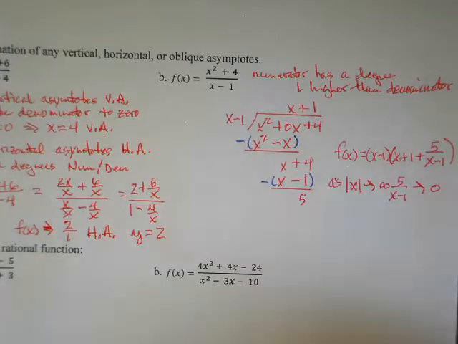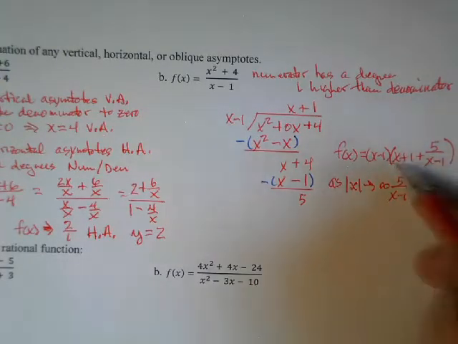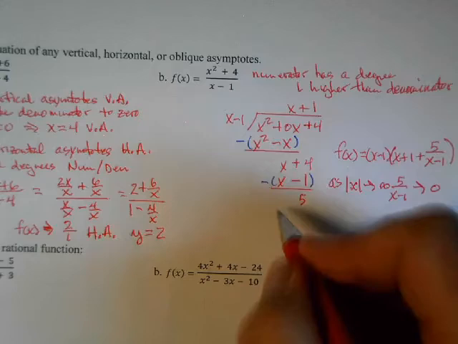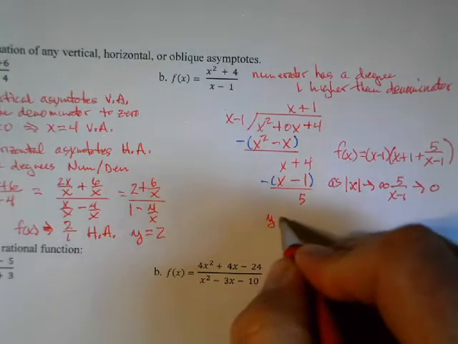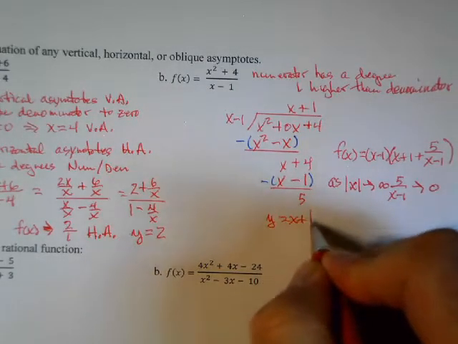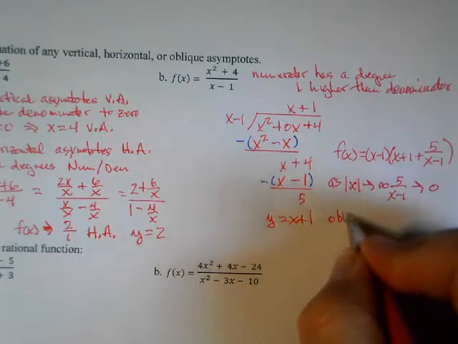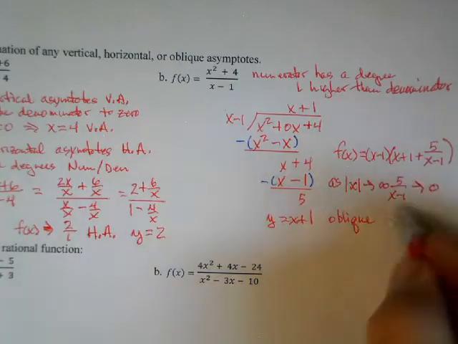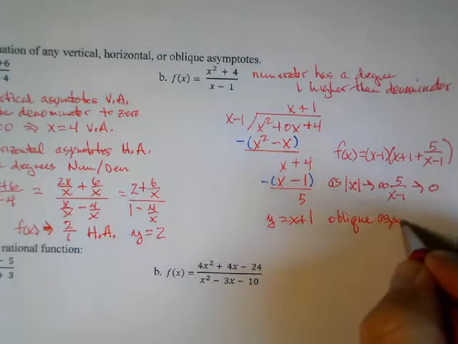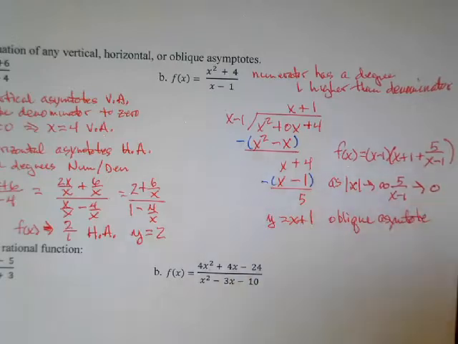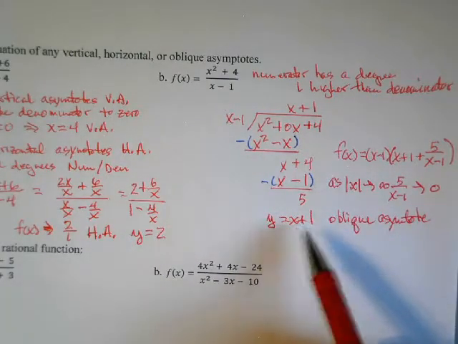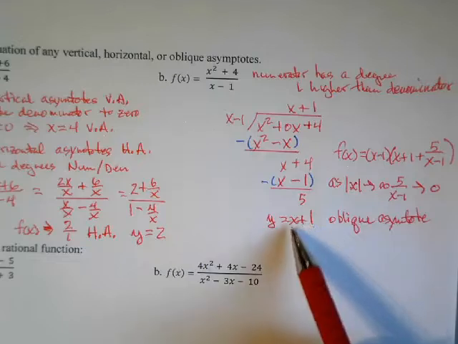The other part, the x plus 1, will be our oblique asymptote. Okay, slanted line at y equals x plus 1, so m, the slope, is 1, and in this case, the y-intercept is 1.